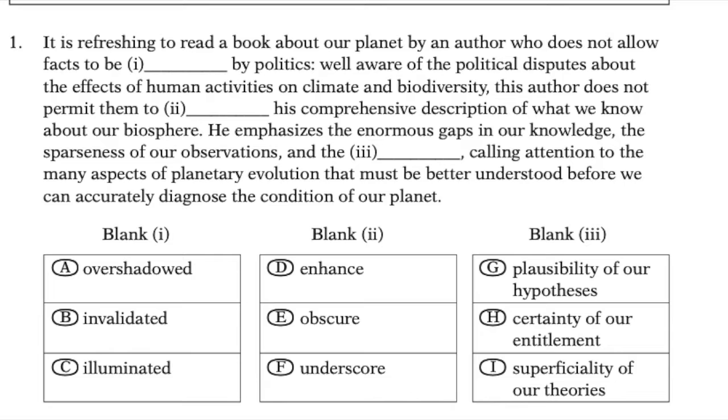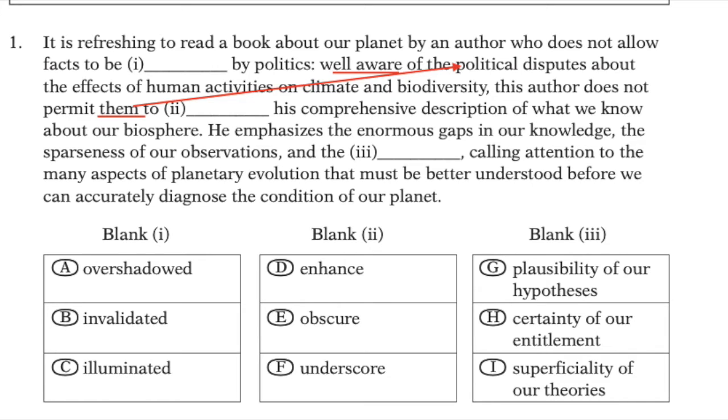So he tries to say here that this person who's writing the sentence says that this particular author is very good because he knows exactly what these political disputes are and what effects they are having on human activities which are taking care of climate and biodiversity. And this author does not permit them.